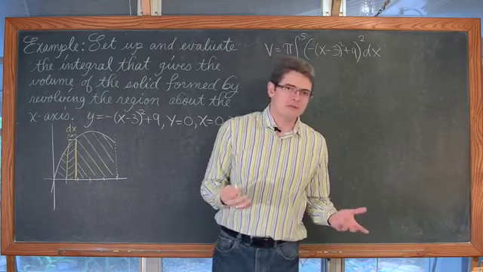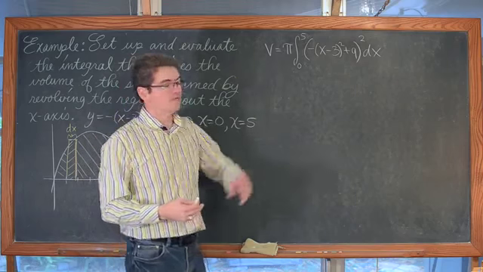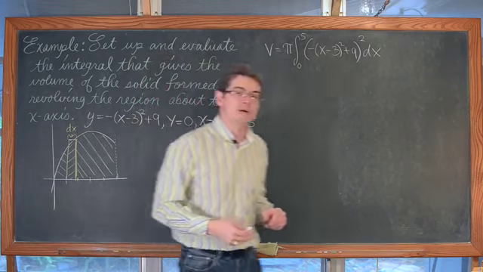Now we've done a lot of finding definite integrals. To speed this video up a little bit, I'm going to step off and just reveal this solution and then go over it step by step.